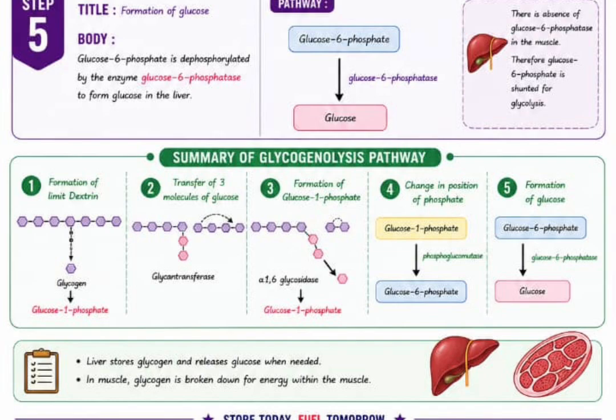This is me recapping now. You cut 6, add it. You cut 3, add it. You hydrolyze with alpha 1,6 glycosidase, pop it open at the branching point, add it. Now you have formed glucose-1-phosphate. From glucose-1-phosphate you form glucose-6-phosphate. From glucose-6-phosphate you form glucose by phosphatase.